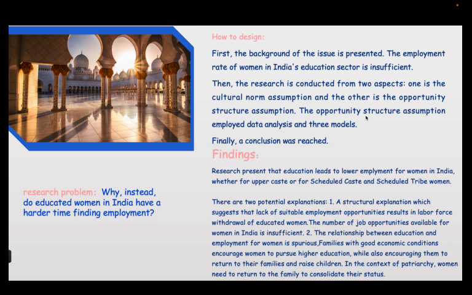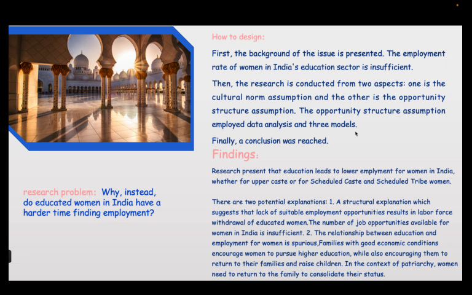What are the findings? The findings are about 2 potential explanations. A structural explanation, which illustrates that lack of suitable employment opportunity results in labor force withdrawal of educated women.